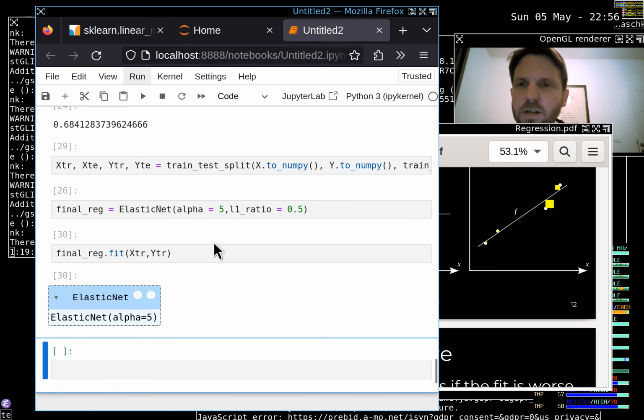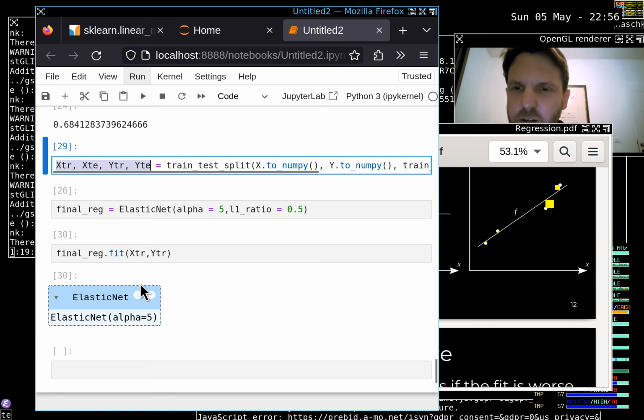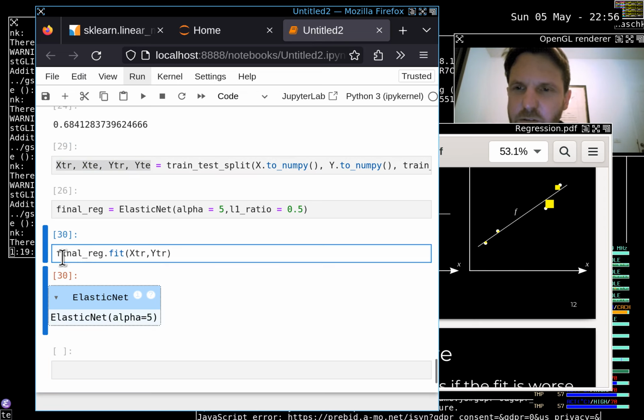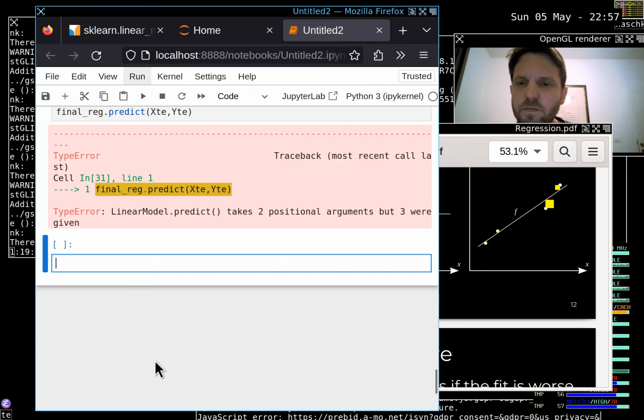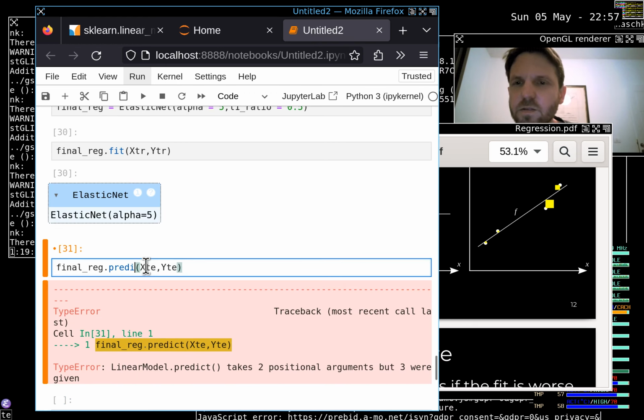This is the correct one. I'm sorry for this little spelling mistake up here. This is the right way how it works. We have here the final regression, and we fitted it, and then we can show with the final regression, with the predict functionality, if we use the test set. Sorry, the score.